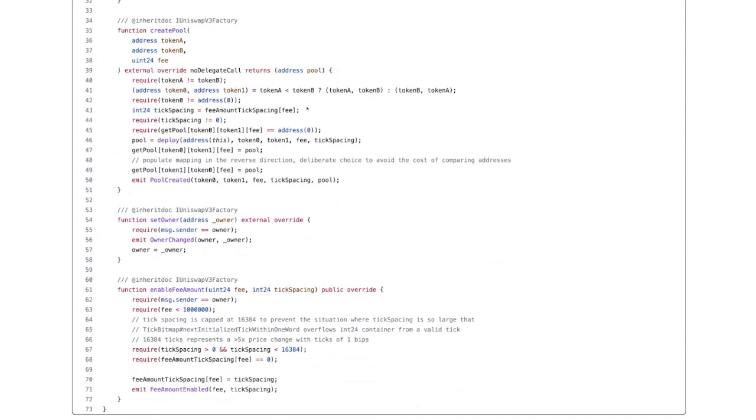If you have a given address for WETH, a given address for DAI, and everything else is deterministic about that pool, then you can calculate beforehand the address that pool will be deployed to. And that obviously wouldn't hold if you just let token 0 and token 1 be whatever the user inputs.